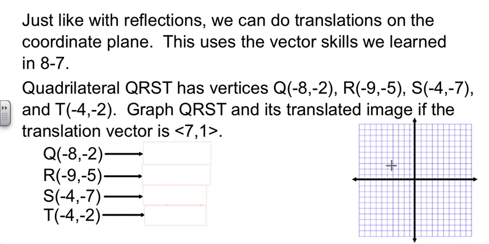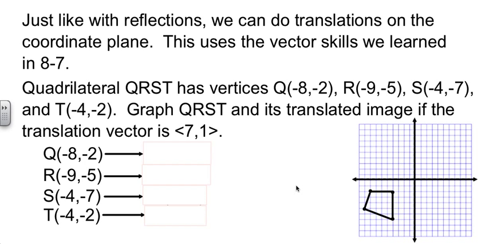So we'll start by graphing those. -8, -2, here's Q, -9, -5, -4, -7, and -4, -2. So there's our original figure. Nice, perfect lines that are all in the right place.